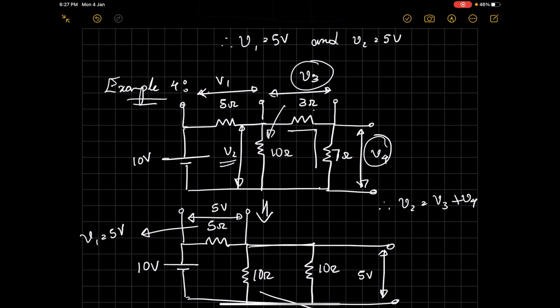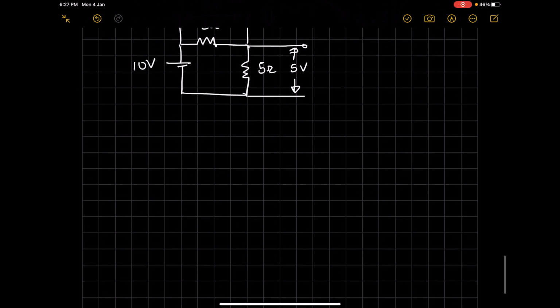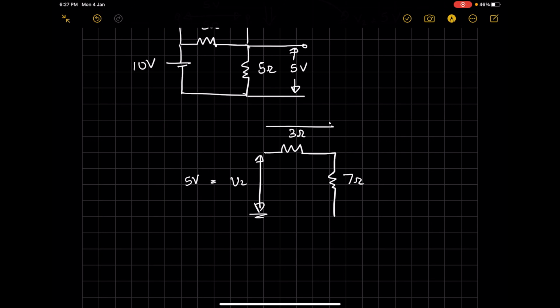To solve for V3 and V4, just assume the circuit to be simplified as this. So you have a 3 ohm resistance here and 7 ohm resistance here, and you have the V2 voltage here, which is equal to 5 volt, and you need to find V3 and V4.